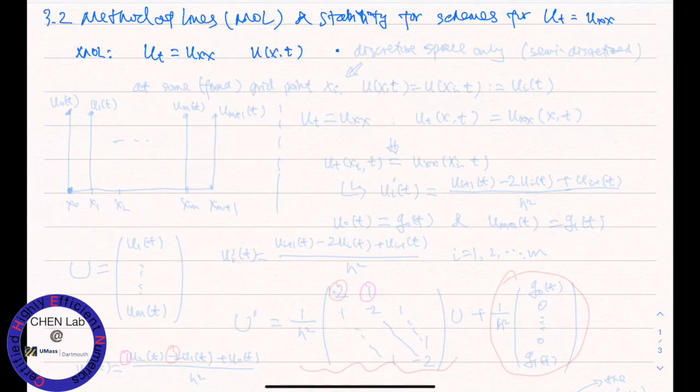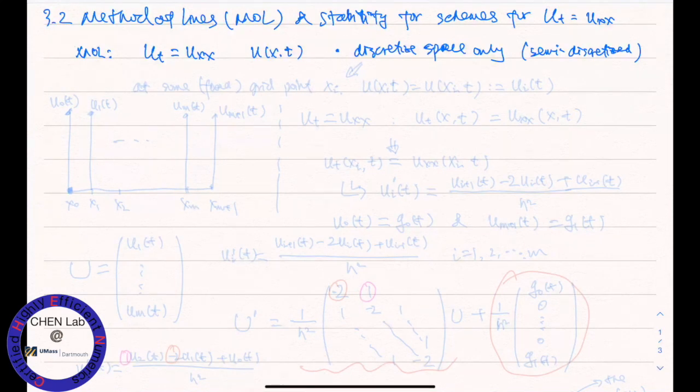If you discretize space only, that is so-called semi-discretized. What we did last time is fully discretized: we discretize space and discretize time, and come up with a grid along x and a grid along t.